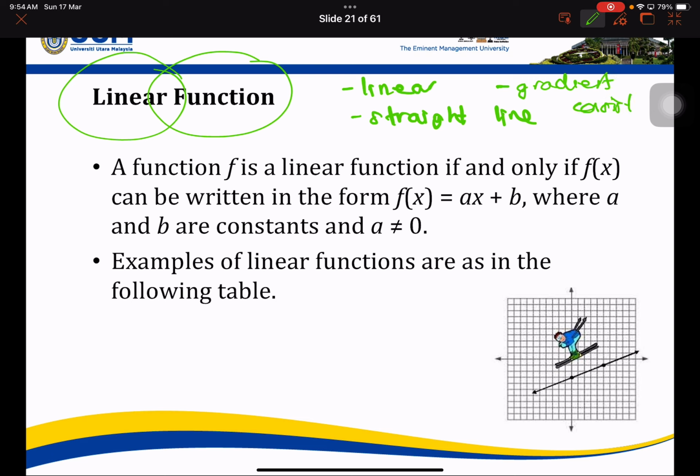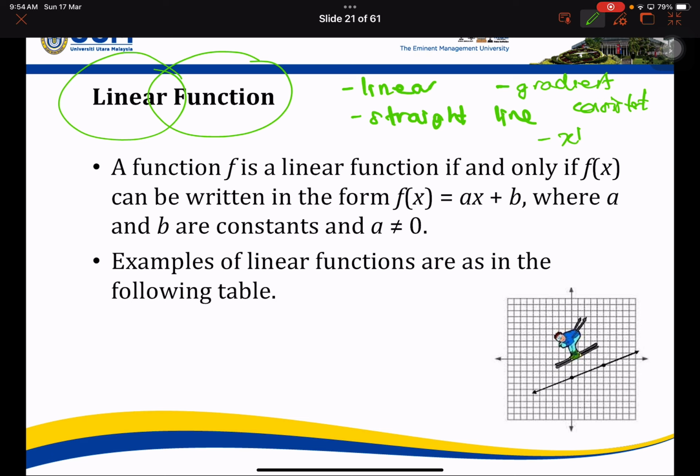What is gradient, guys? Slope. What else? What is linear? Power is 1. What power? Correct? Yes. X power 1, correct? So x power 1. What else?